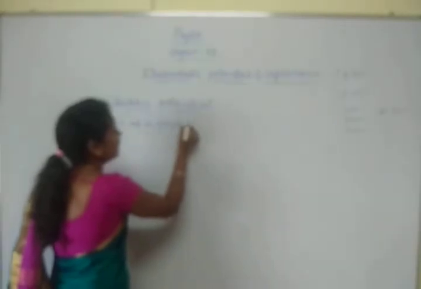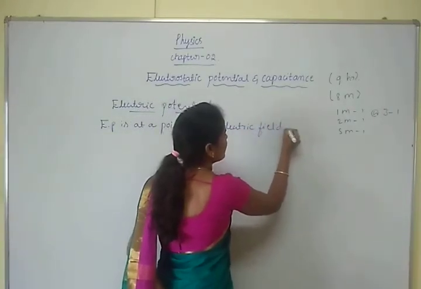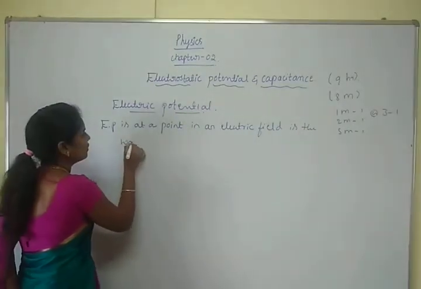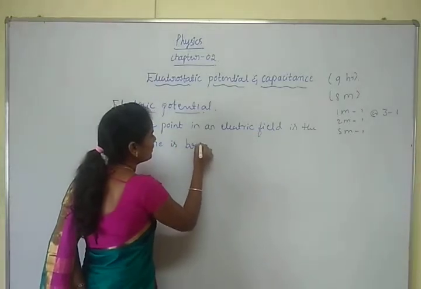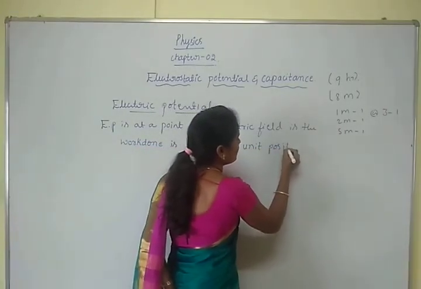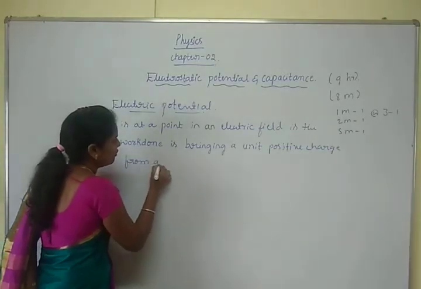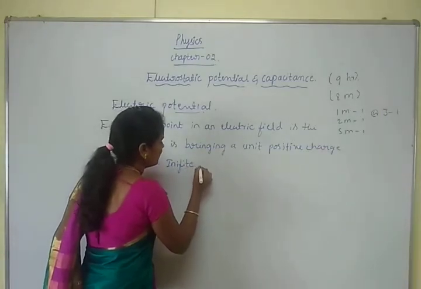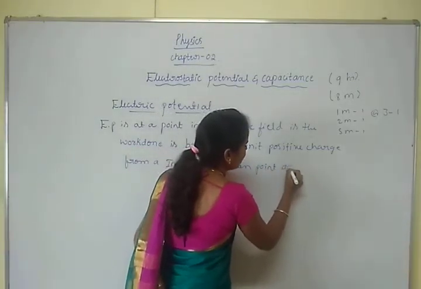Electric potential at a point in an electric field is the work done in bringing a unit positive charge from an infinite distance to a given point against the electric field.